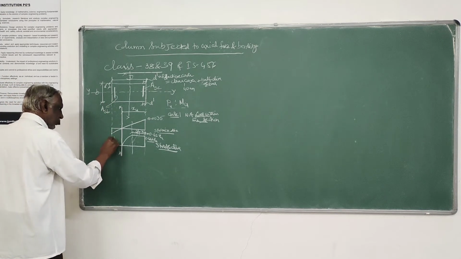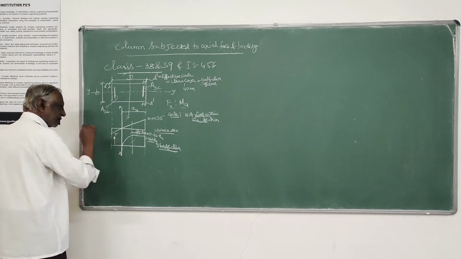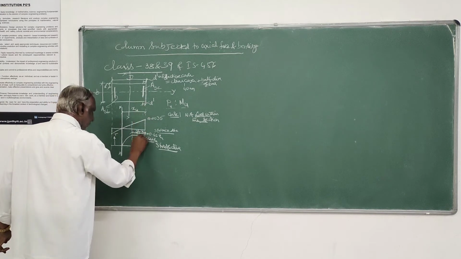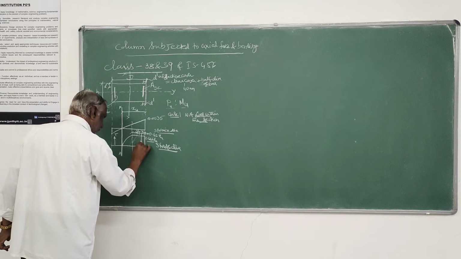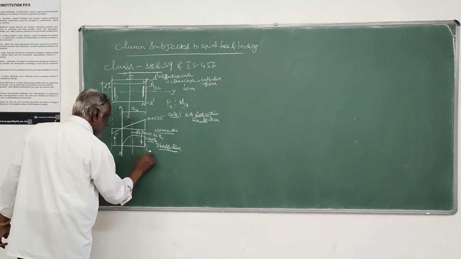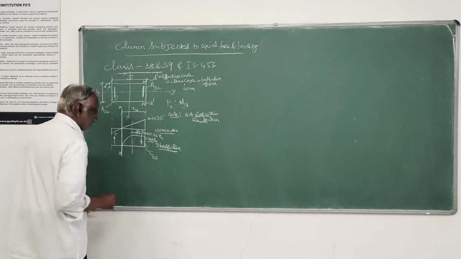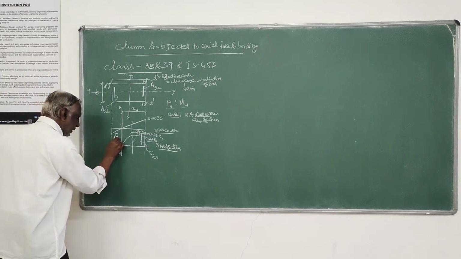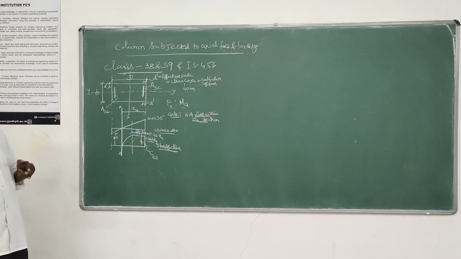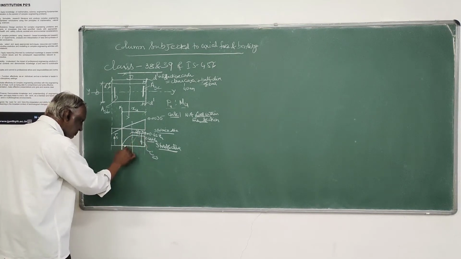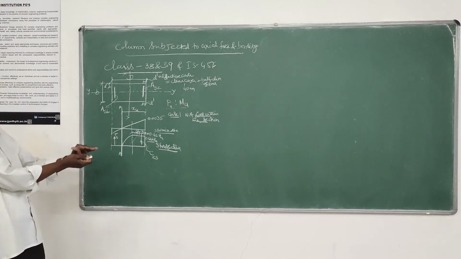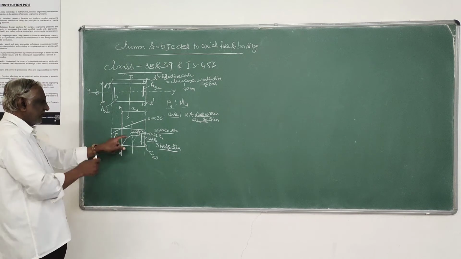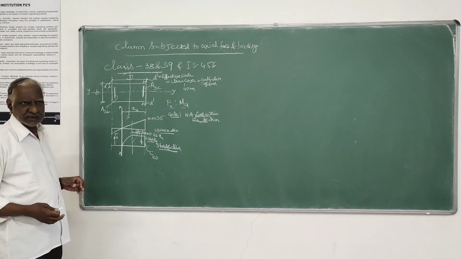Here you will have the total tensile force developed. In the compressive steel, there is a total compressive force developed, which we call CS, the compressive force developed in the steel. This we call the total tensile force developed in the steel, TS. And for this diagram, the total area and the CG can be worked out. That's also given in the standard code.